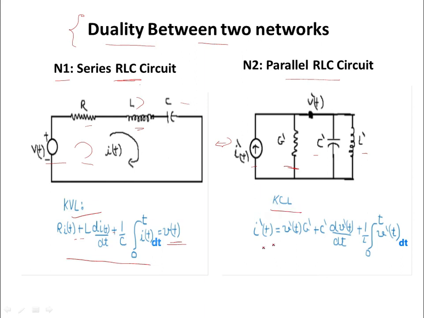So here I dash t, when we apply KCL in this node, the current entering this node is equal to the current leaving this node. So I is equal to V(t) upon R dash, but since G dash is conductance, which is 1 upon R dash, therefore V(t) into G dash plus C dV/dt plus 1 upon L dash integration of V(t) dt.